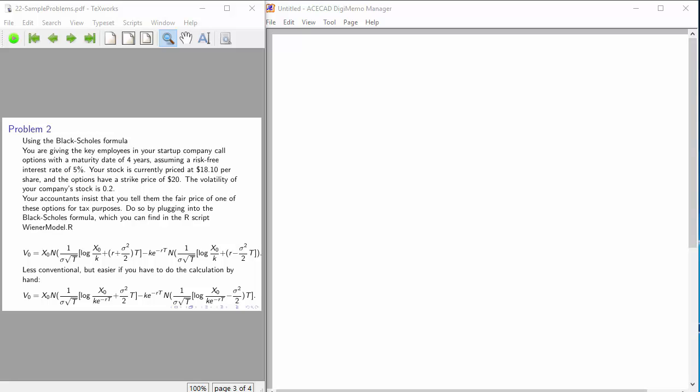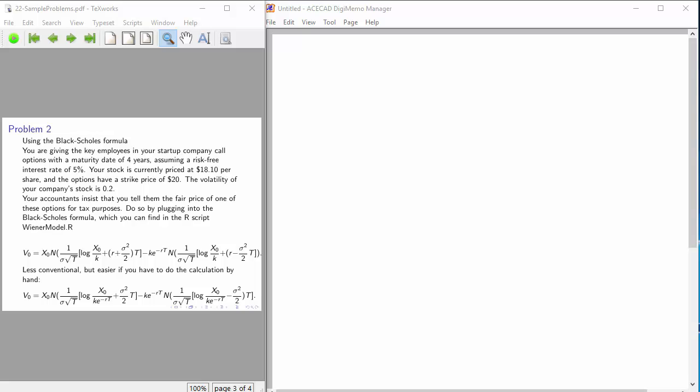Well, when you do this, these employees are getting something of value. The IRS wants to know about it, and so you have to specify the fair price of one of these options. And the way you do it is by plugging all the data into the Black-Scholes formula. I have written a nice little R script, wienermodel.r, and in that I've included the Black-Scholes formula with the extra term that has to be added if the interest rate is non-zero.